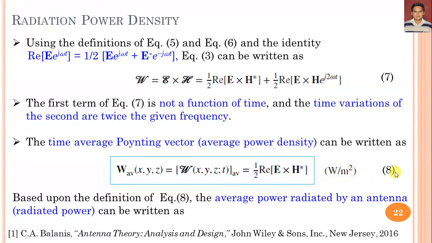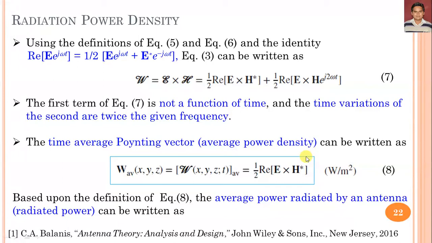watt per meter square. Equation 8 is very important in antenna analysis. Suppose we are considering the dipole antenna series, I mean wire antennas, or aperture antennas, or any category of antenna that we want to analyze.